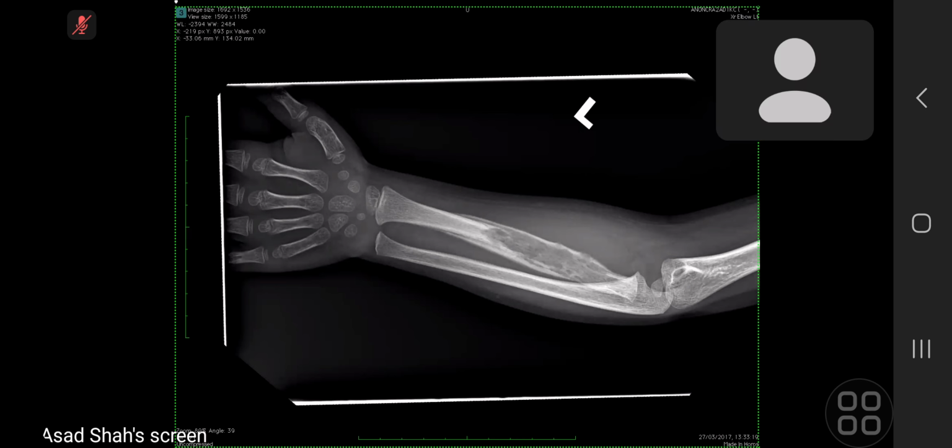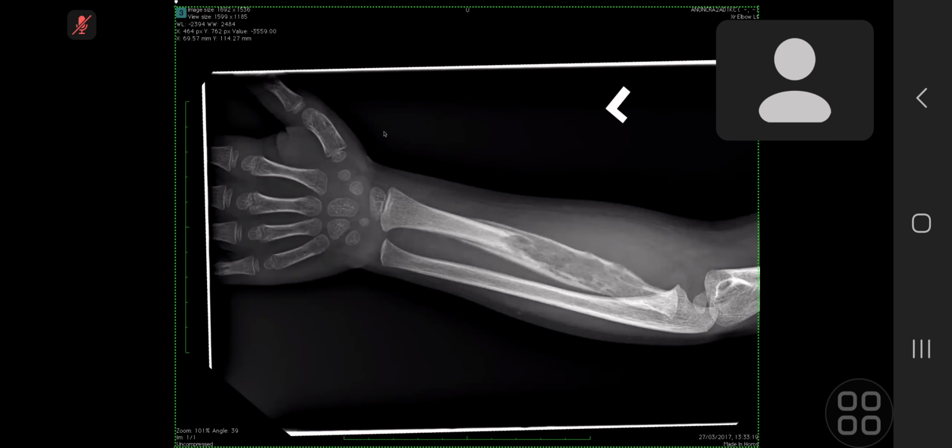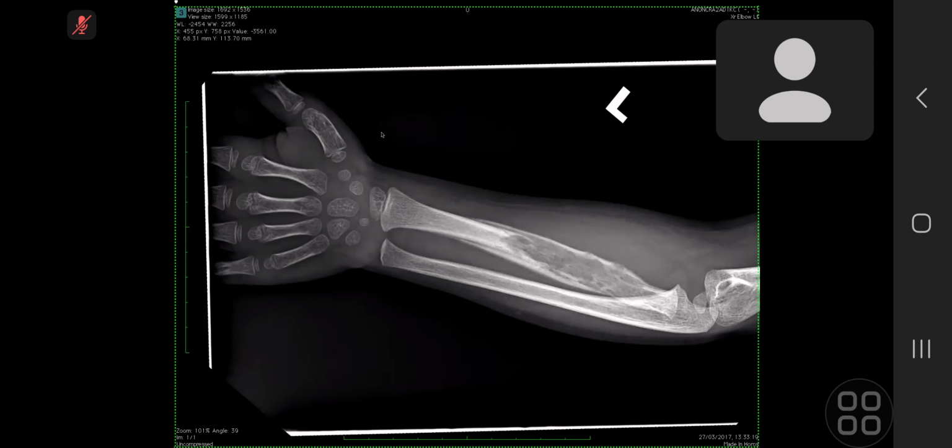There is an abnormal, predominantly lytic and sclerotic lesion in the proximal diaphyseal region of the radius with a wide zone of transition. There is periosteal reaction, cortical thinning, and erosion. I can appreciate associated soft tissue swelling as well.